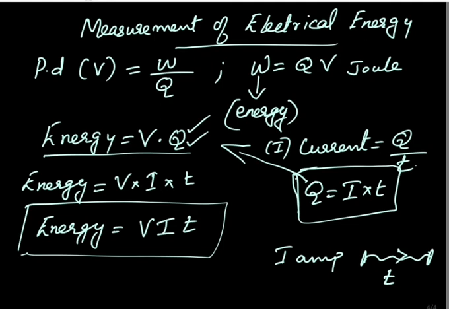Let us suppose that we are giving a potential of V volts, that is, the battery which we have used is of potential V. Then we can say that the energy which has been produced in the conductor is equal to voltage multiplied with the current which is flowing multiplied with the time of flow of the current. So that is electrical energy.